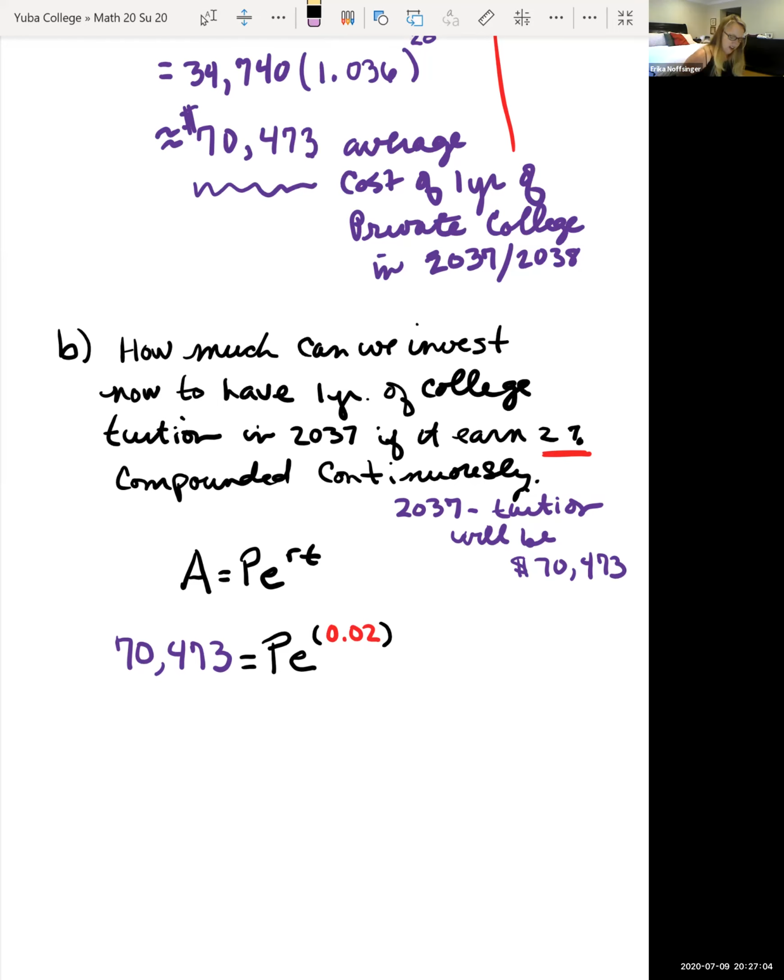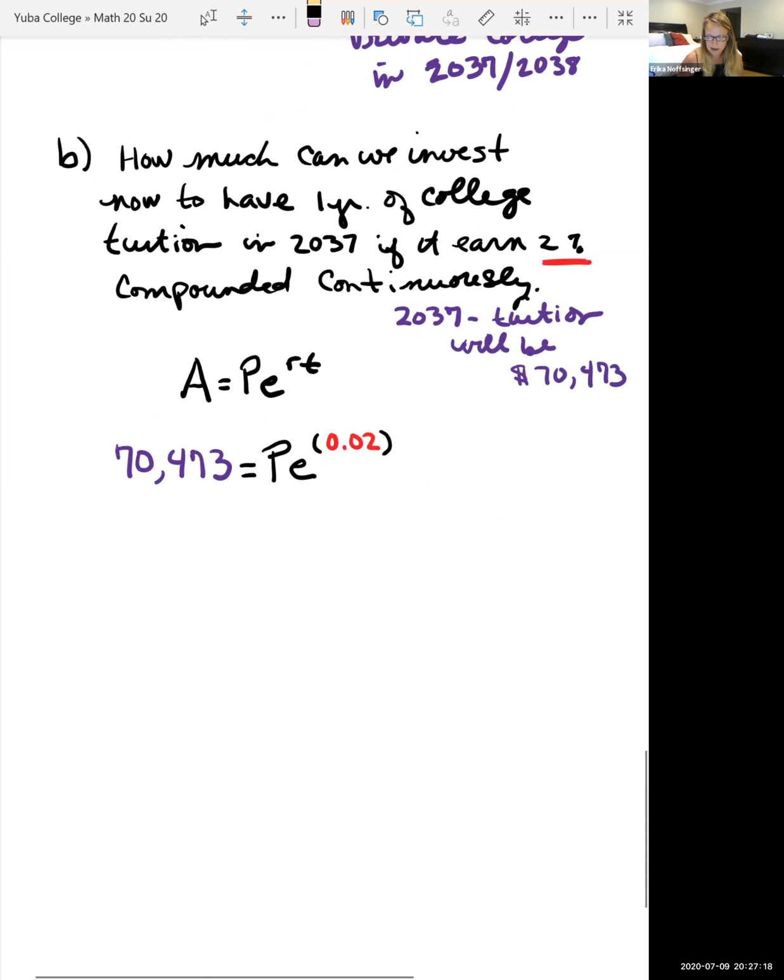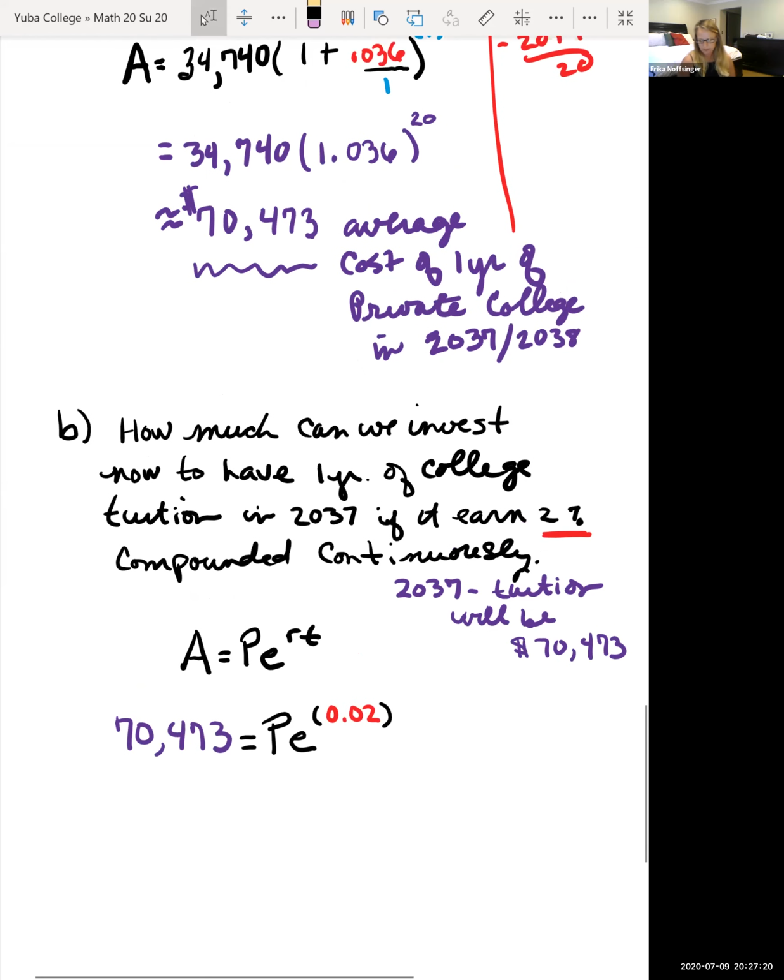My guess is this book was doing this at the time of 2017, but let's just do it as of today, just because that makes more sense to me. I was going to say, yeah, because they technically don't know what this year is, or who is using this book in what year.